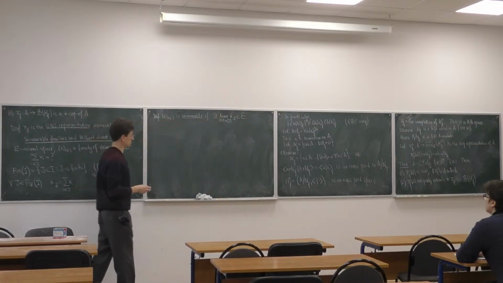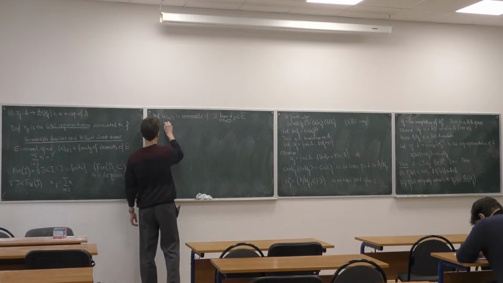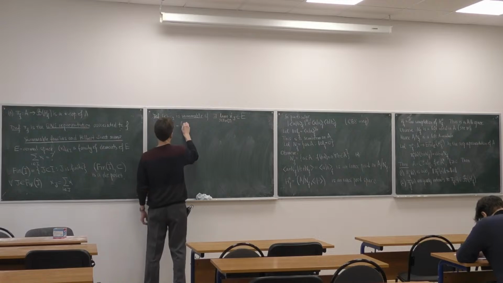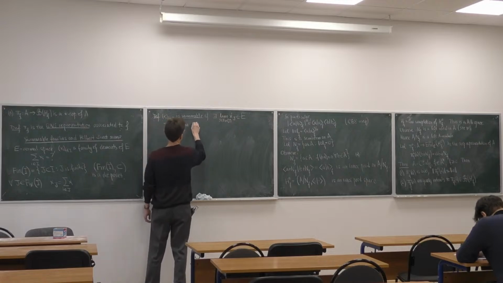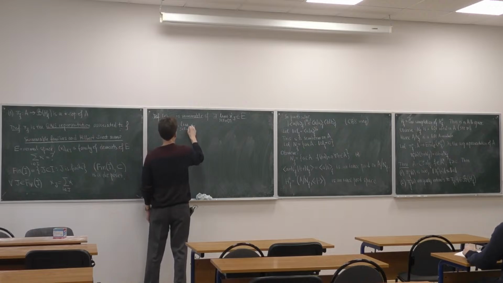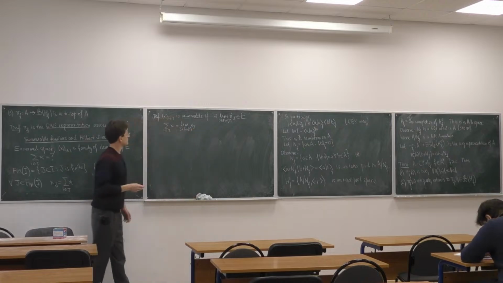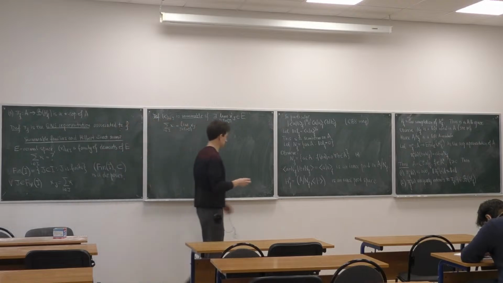And this limit is called the sum of our family. So this is a formal definition.